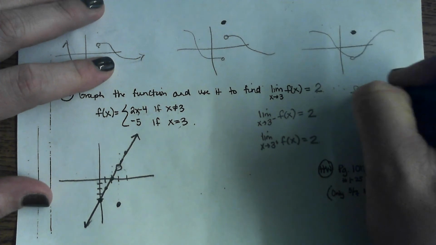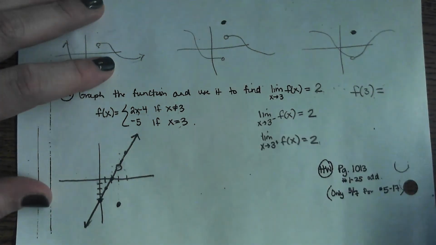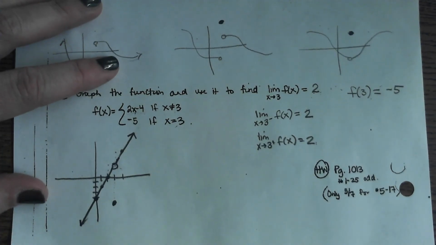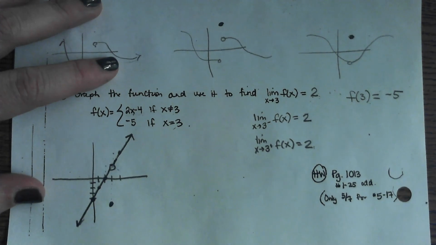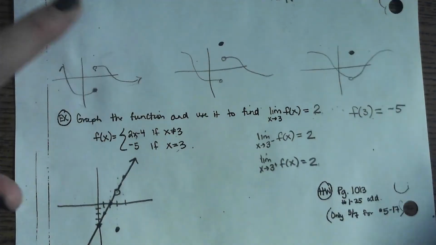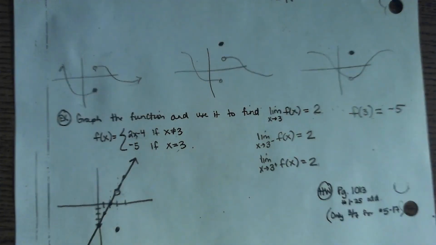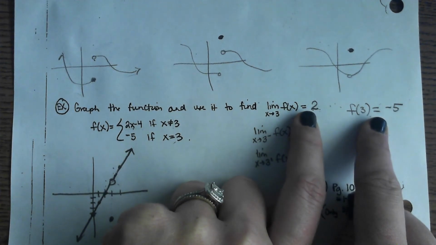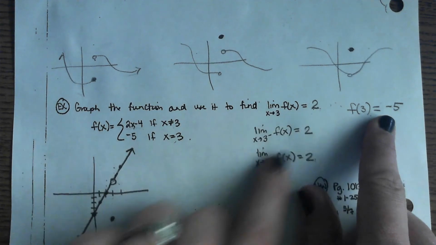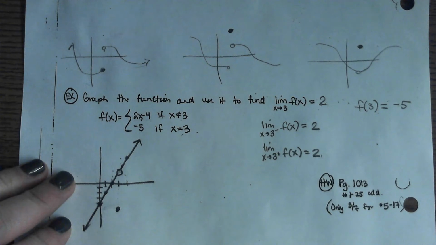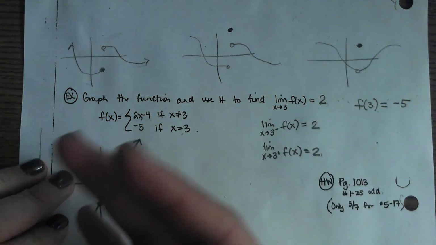Versus, what is f of 3? Negative 5. Now, without getting too far ahead of ourselves, but this is down the road: when the limit exists and the function value exists and they're not the same, this is what you would call a discontinuous graph. And discontinuous means exactly what you would think it does.